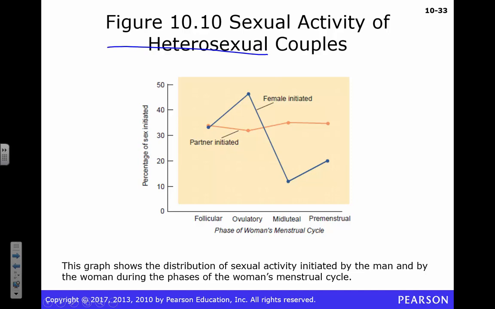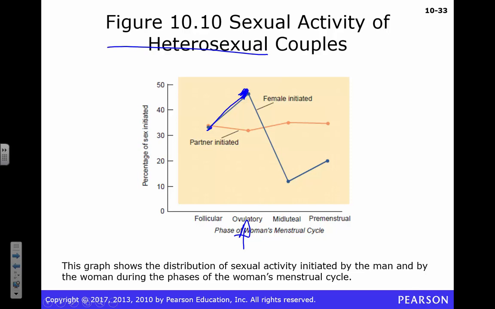And so what you might predict is if the point of all of this is to create offspring, then you might see an uptick in female-initiated sex during that ovulatory period, right? And interestingly, this is what they found. So that's kind of cool.